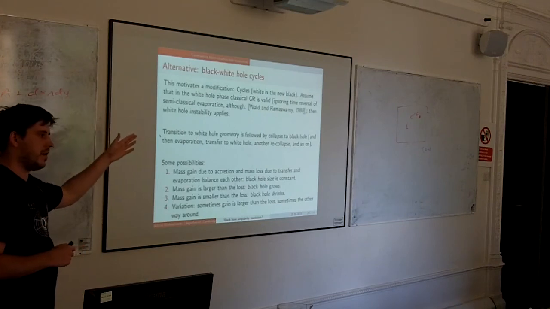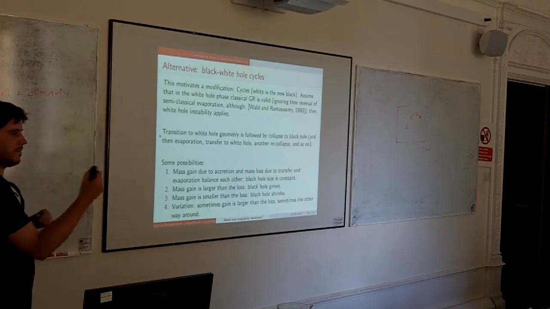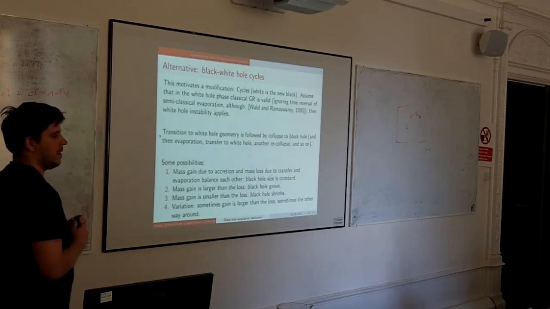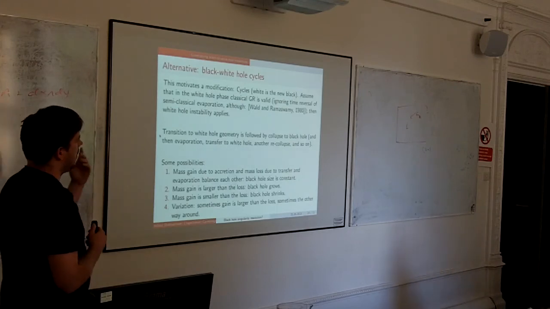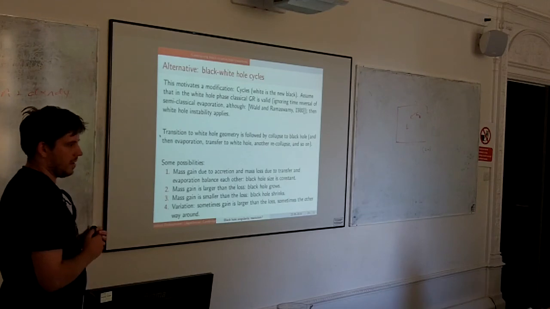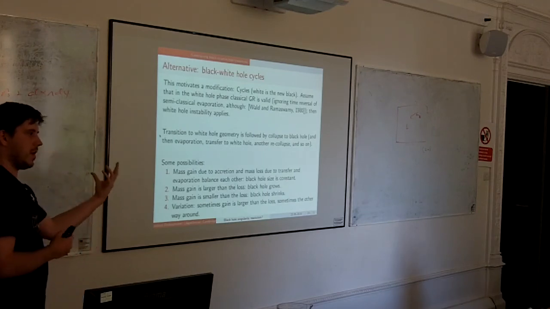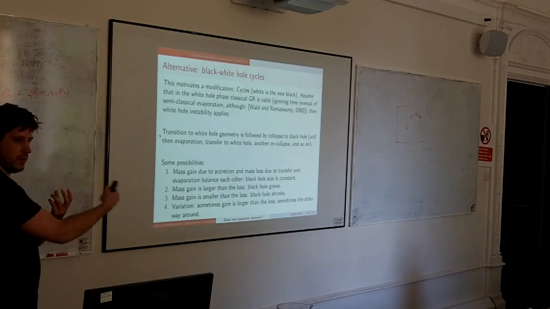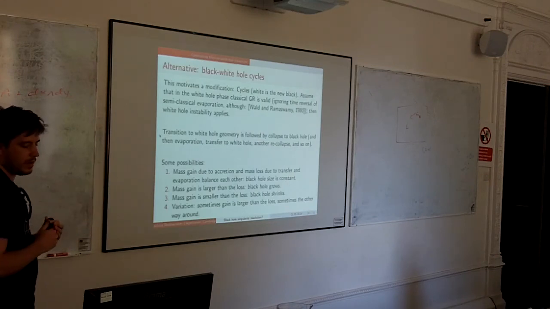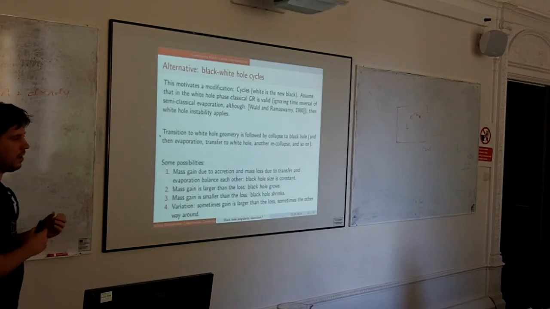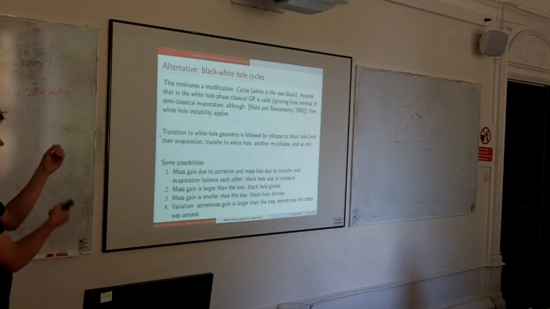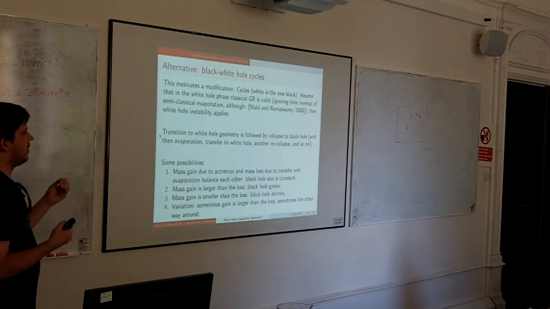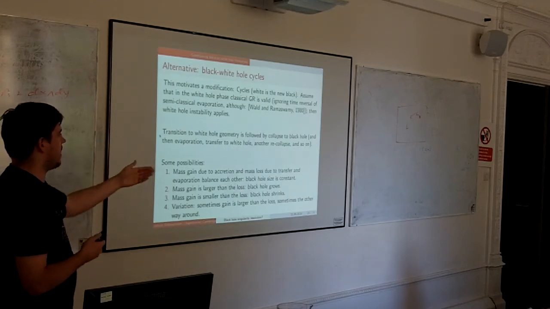So if GR is valid, then if I have some, and it could be a very tiny amount of matter in the exterior region, I could run the white hole instability argument, because I have a massive white hole here, and I have matter around to accrete around it. And so even though my system transitioned to white hole geometry, accreting matter leads to collapse to a black hole.